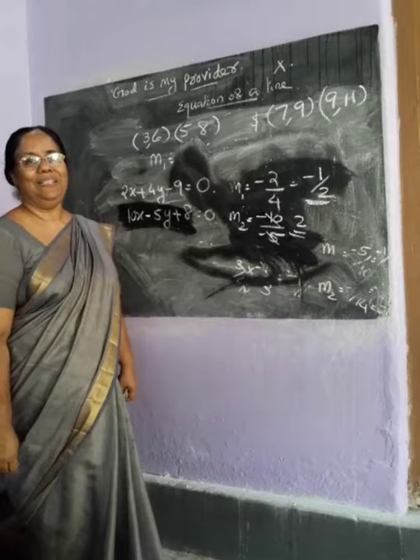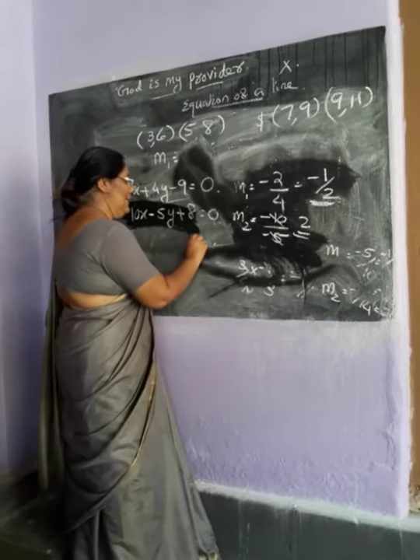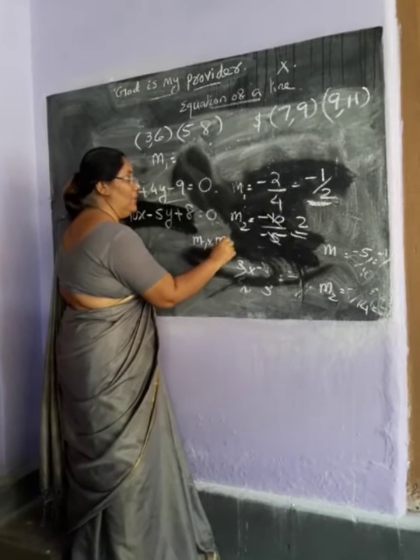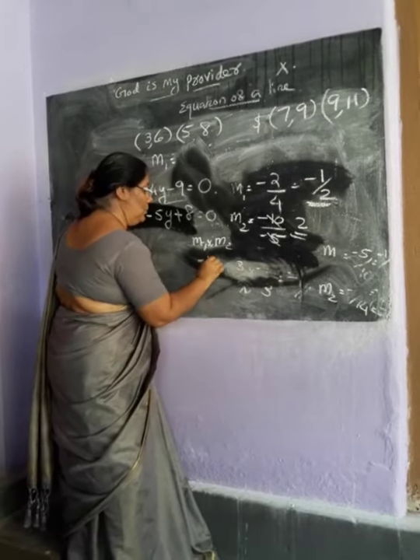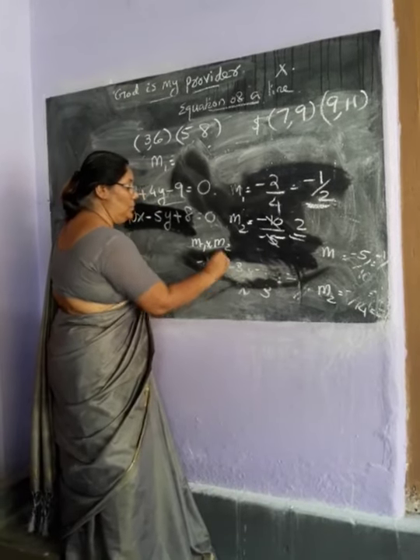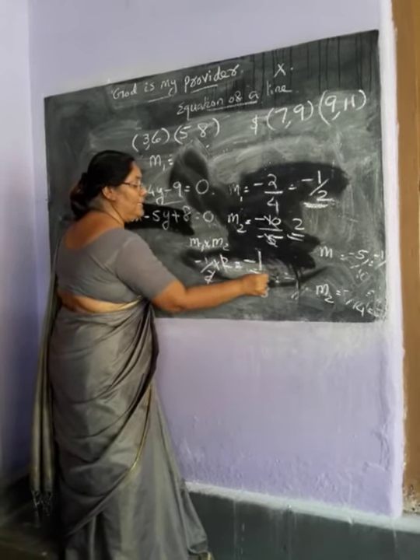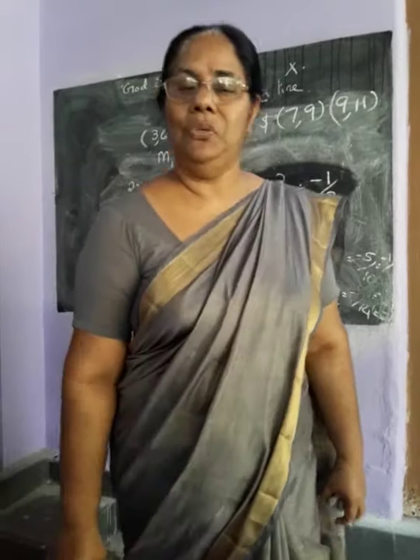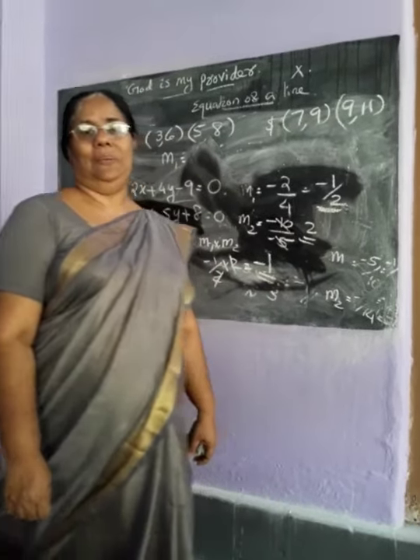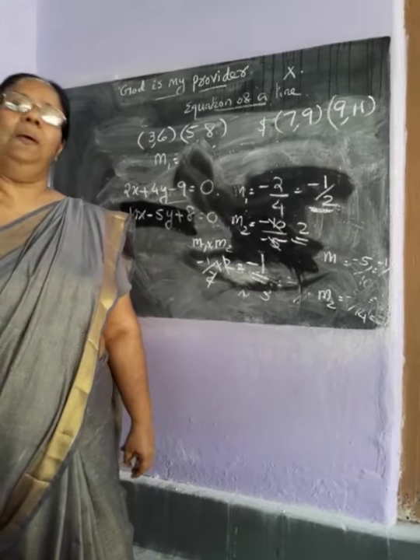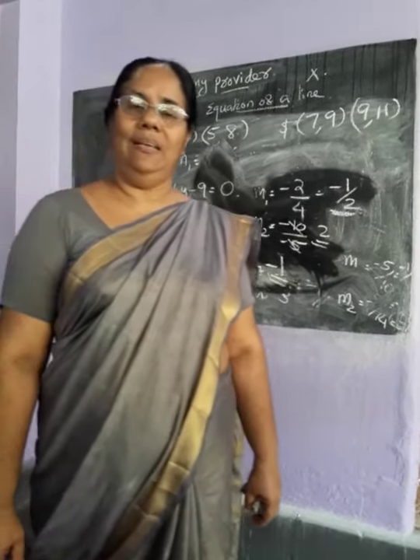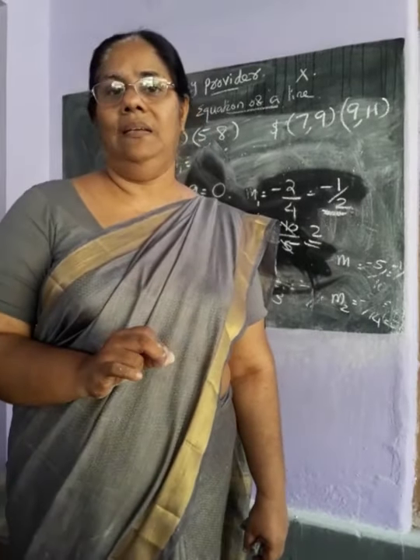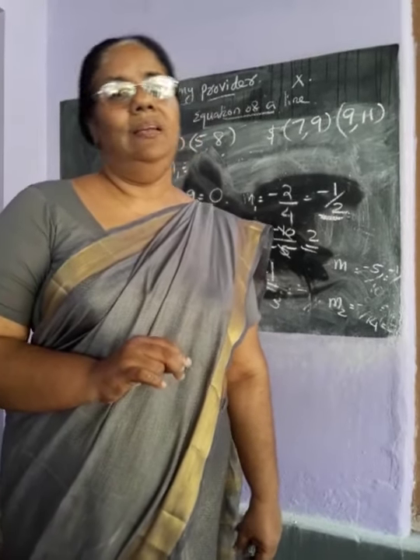Then what is m1 into m2? Check that. m1 into m2 is equal to minus 1 by 2 into 2. 2 cancels. The answer is minus 1. Therefore, we can say that these two lines are perpendicular. After you study these types, we will do problems from the textbook.